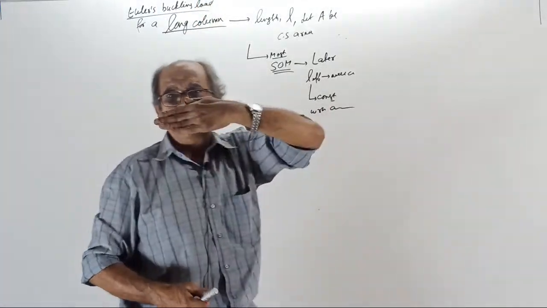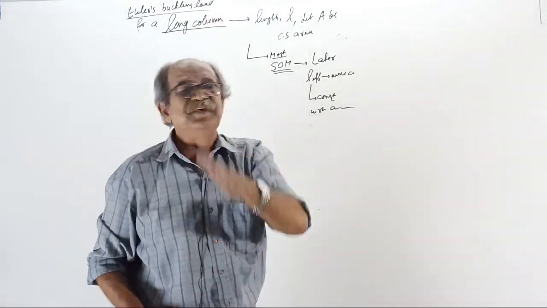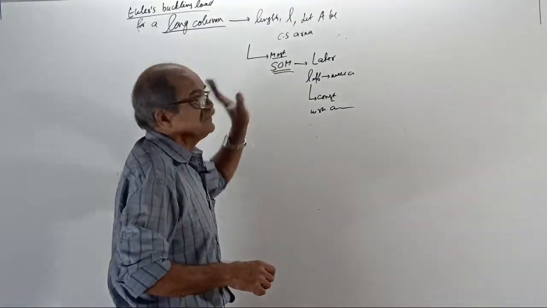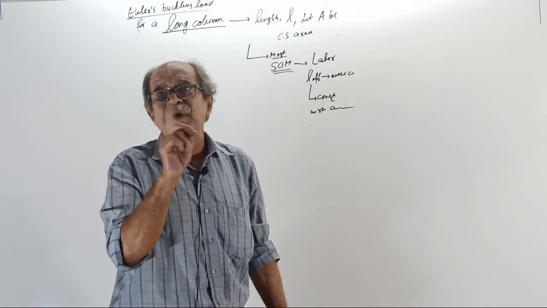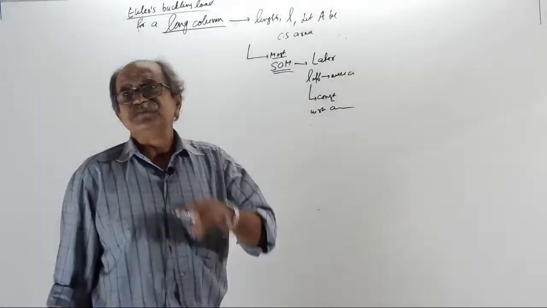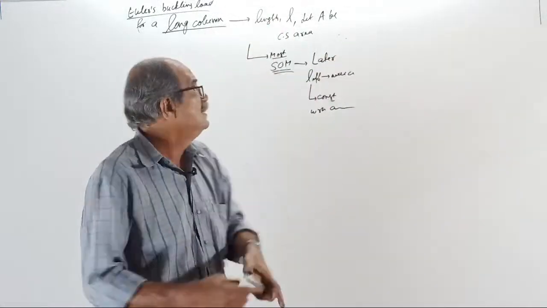Whether you take the XX axis or the YY axis, the effective length is the same in strength of materials. But it is not the same in RCC, steel, prestressed concrete or practice. That you learn at that time.